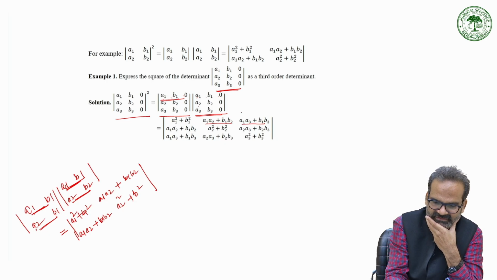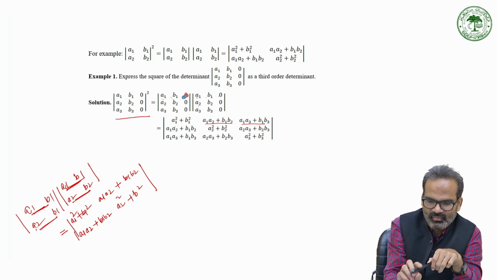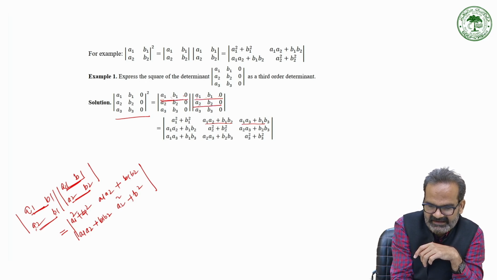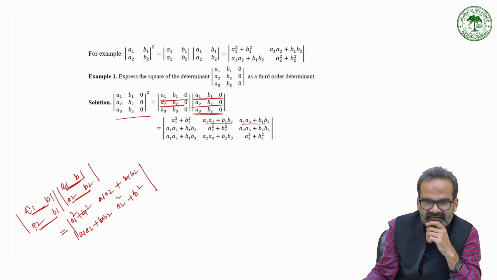So what we are doing here is using the concept of row by row. The first row of the first matrix should be multiplied with the first row of the second, then the second row of the second, then the third row of the second. Then take the second row of the first matrix and multiply it with the first, second and third rows of the second.